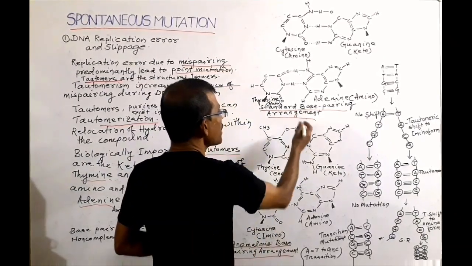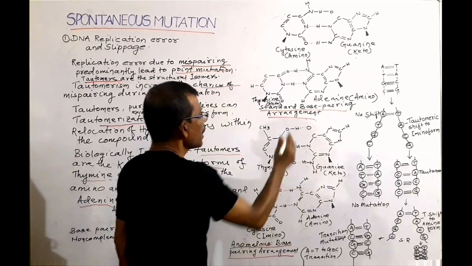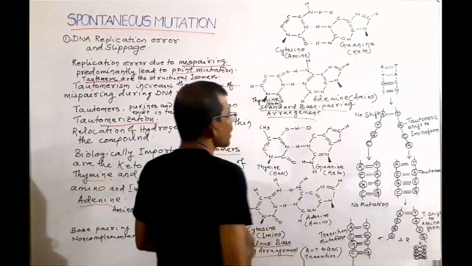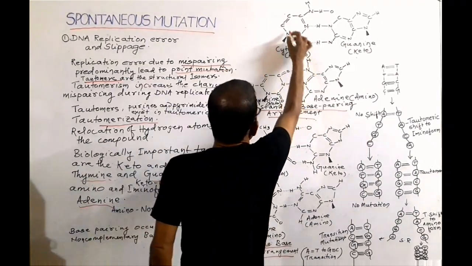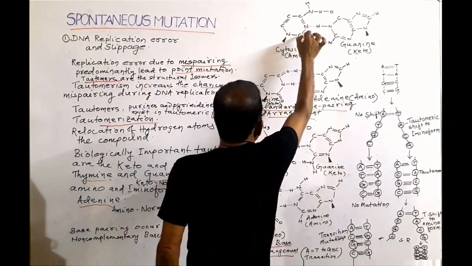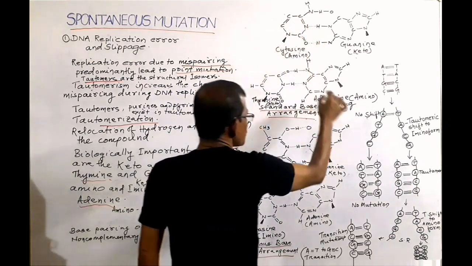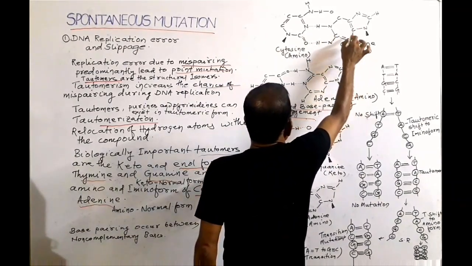What is standard base pairing? Standard base pairing is the normal base pairing that occurs between amino form and keto form of complementary nitrogenous bases. Here, this is the amino form of cytosine. Amino form of cytosine is the normal form. Similarly, keto form of guanine is the normal form.